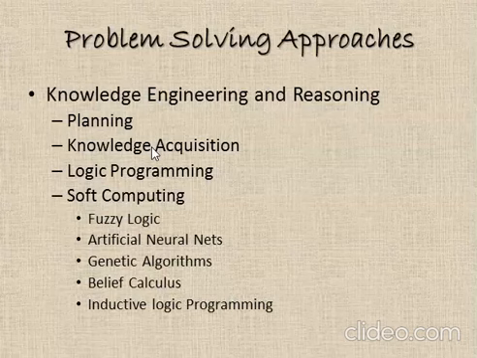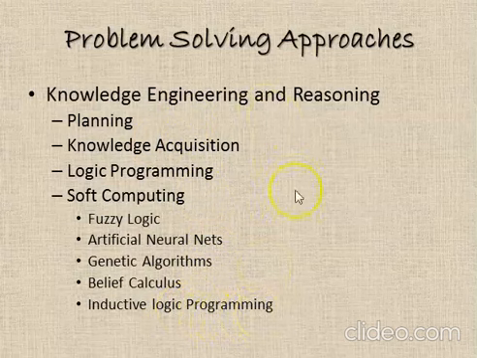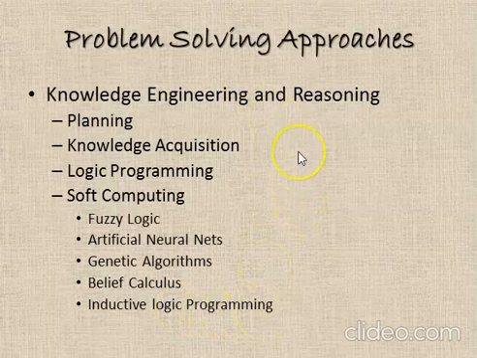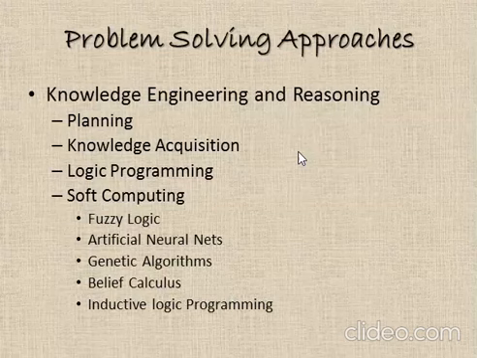So this is also a property exhibited by human beings. Inductive logic programming we have seen in the last class. So these are the soft computing areas that support knowledge engineering and reasoning. It is especially used when we have uncertainty in the values available.